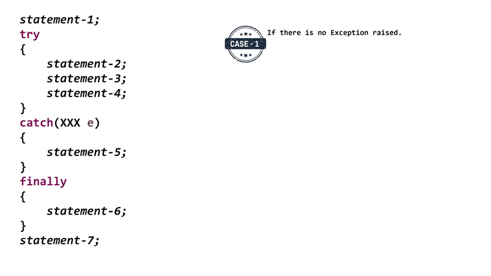When does the catch block get executed? Right now, what is the question? If there is no exception. So you said everything will get executed. Is that true? Catch block, will it get executed or will it not get executed? Catch block will get executed and finally as well.